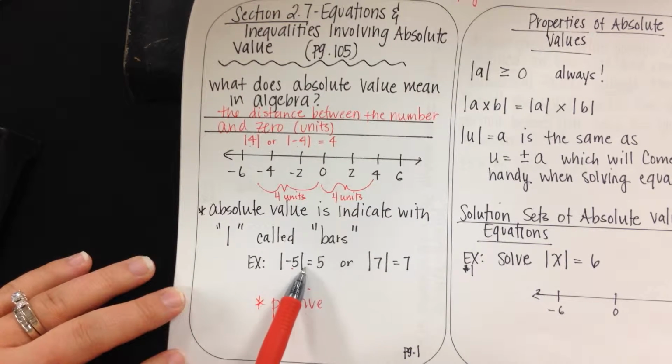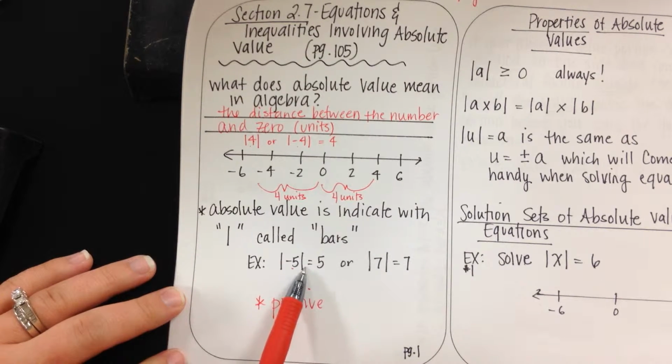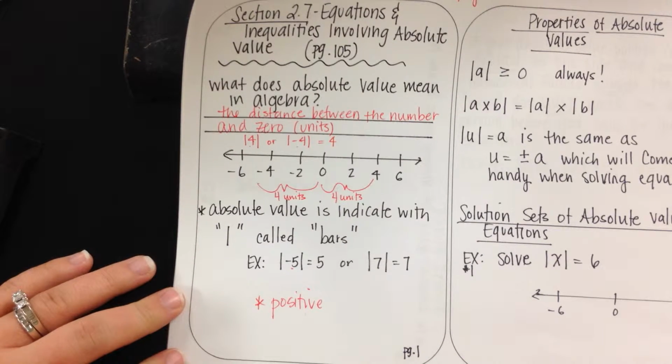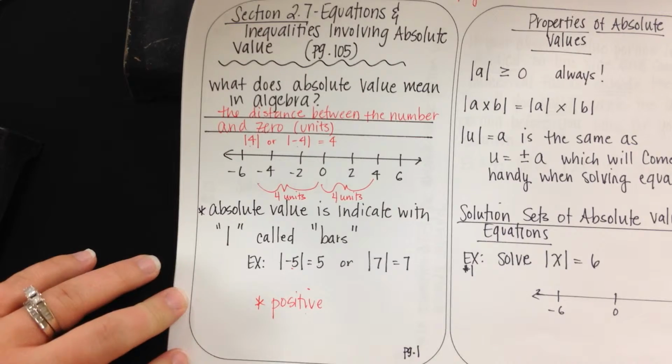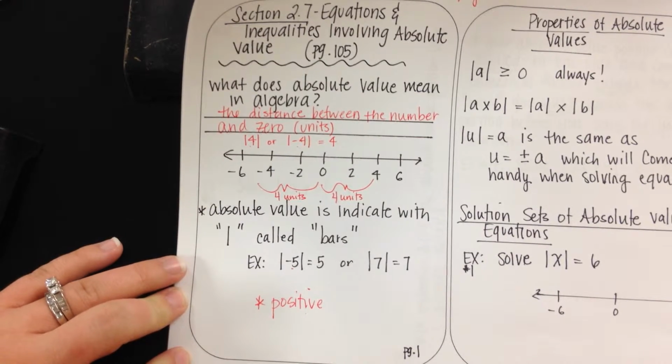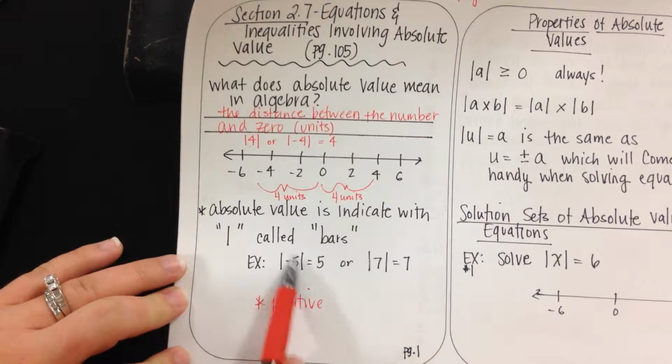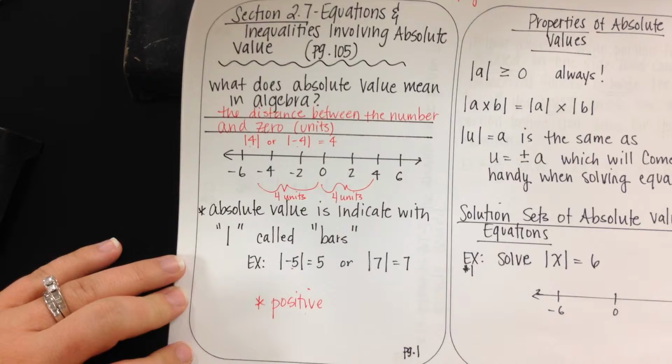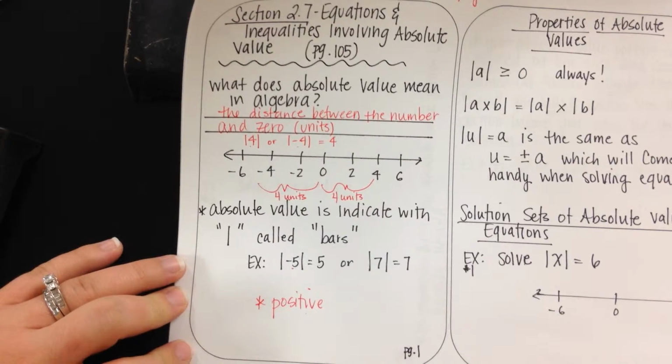Now, that's a pretty easy concept to remember. We're going to start to introduce variables, which is going to change the process of how we solve for it. It's not just going to be changing the numbers inside, and I'm going to show you some techniques to actually solve for x when it's inside the bars.